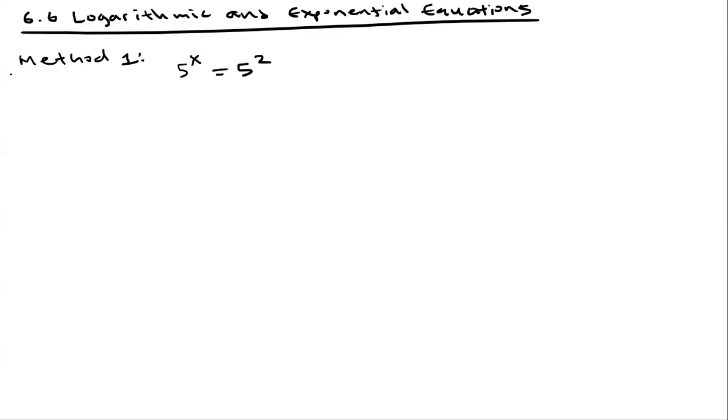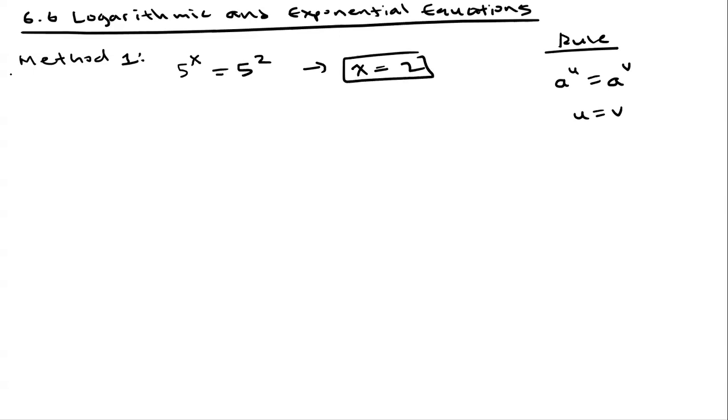Since the bases are the same, and the rule was a to the u equals a to the v, that means u equals v. So if the bases are the same, then we can equal the powers. So the answer would be 2. X is equal to 2, and that would have been our answer.